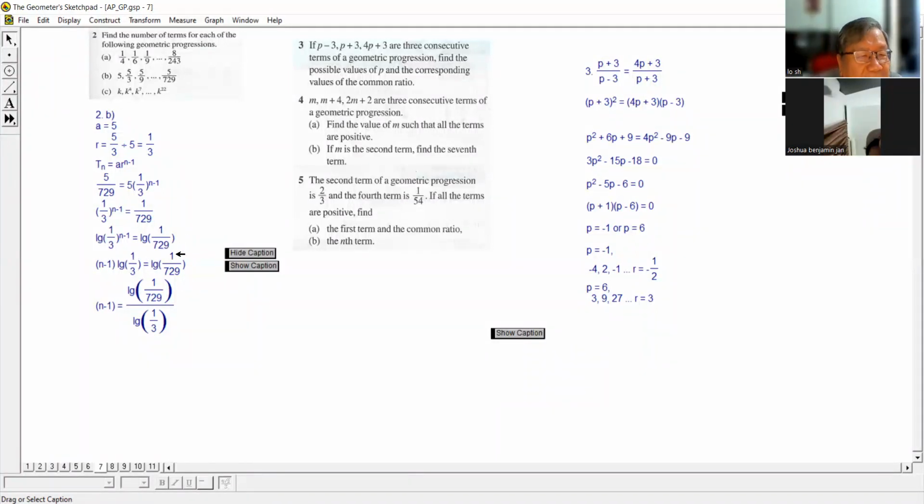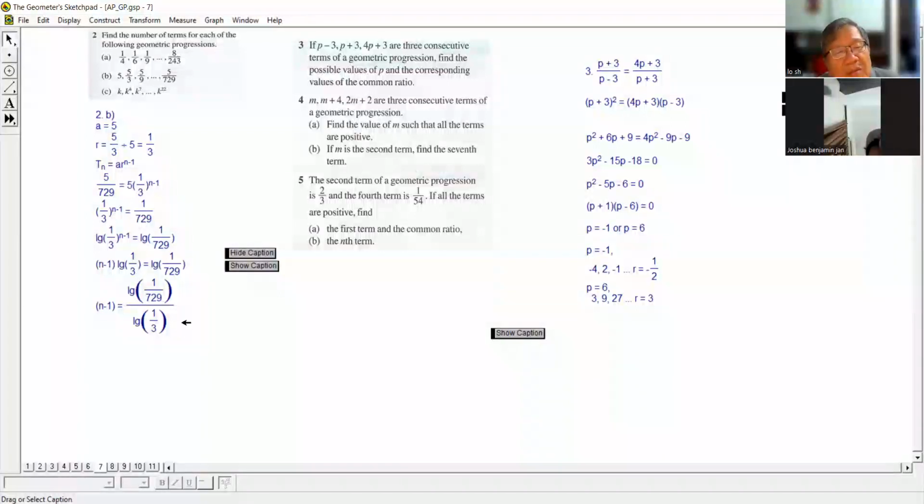So you take this number, divide by this number, you will get n minus 1.